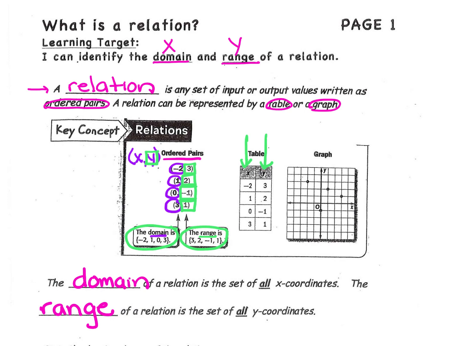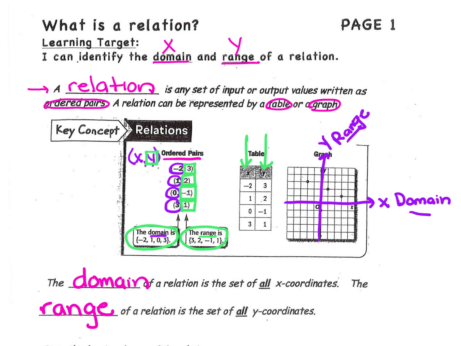And the same is true on a coordinate plane. The x values live here, and the members of the domain are x values. The y values live here, and they make up the members of the range.